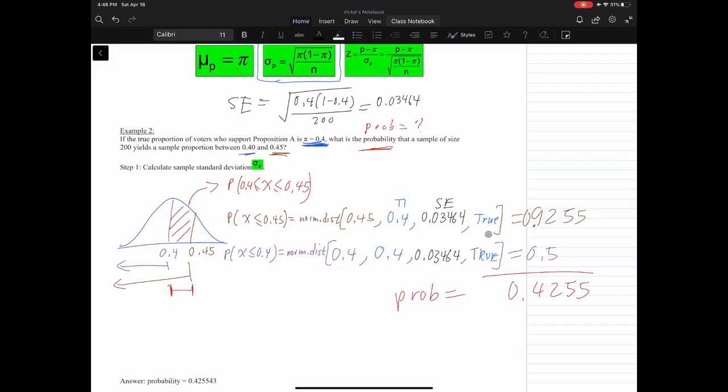The last variable is always going to be true for cumulative, because we're looking at a continuous distribution, and for a continuous distribution we include all the decimals. I'll show you how to do that in Excel.